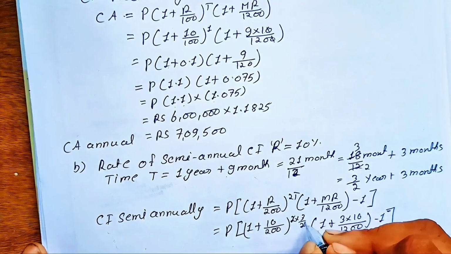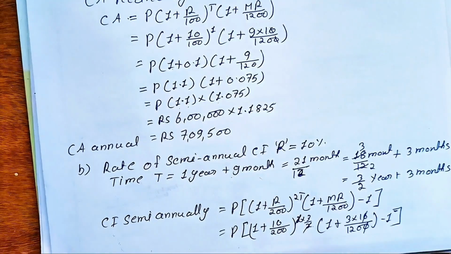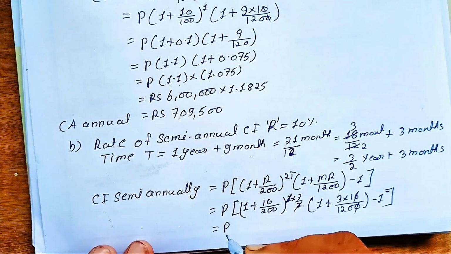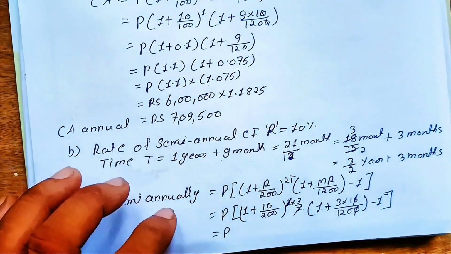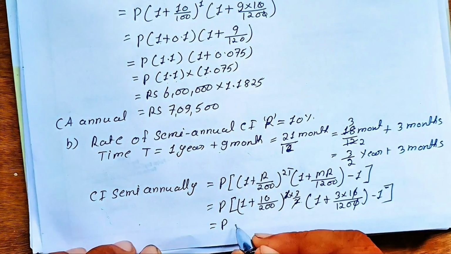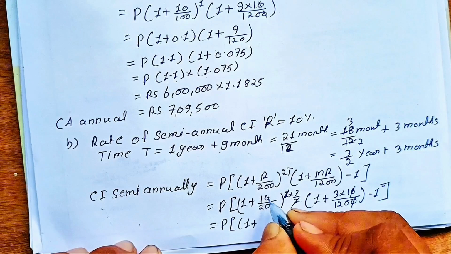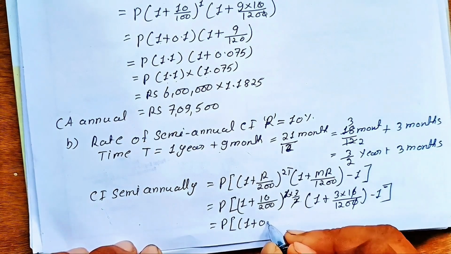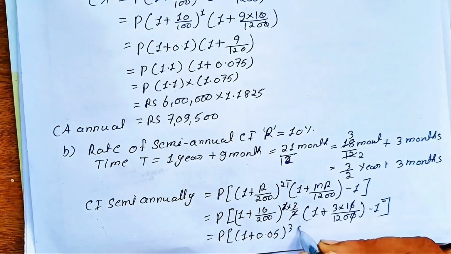The 2 and 2 cancel out, so a 0 also cancels out, and here P times (1 plus 10 divided by 200), it becomes 0.05 power 3.